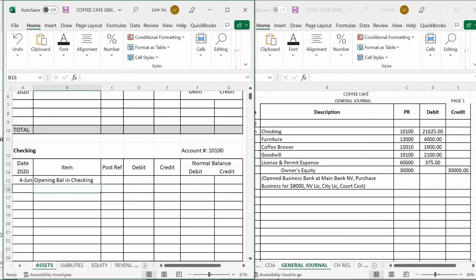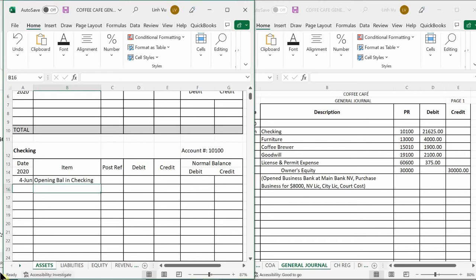Your notes and my notes do not have to be the same, because it's whatever makes it easy for you to understand. I'm using my system to record this; you do not need to do the same. If you want to add more information, by all means, these are your books, not my books. But at the end of the day, the numbers should be matching 100%.